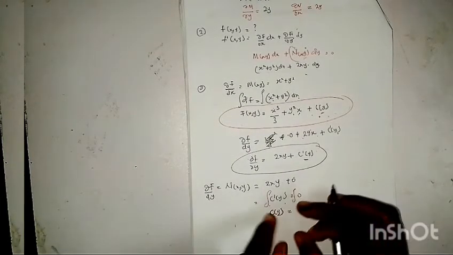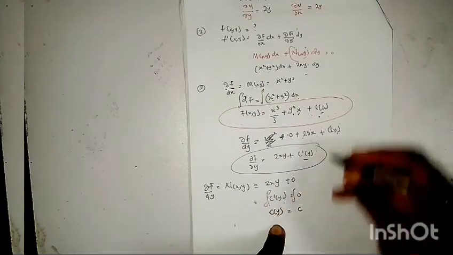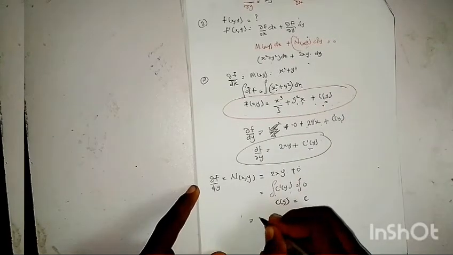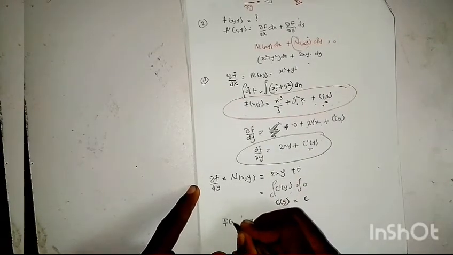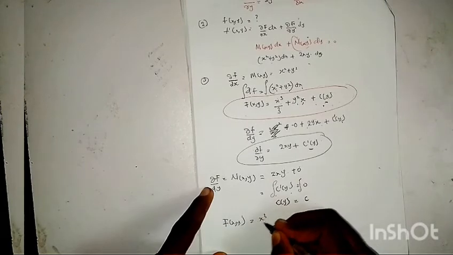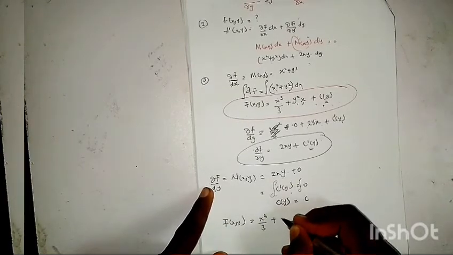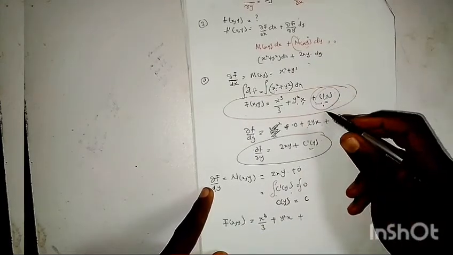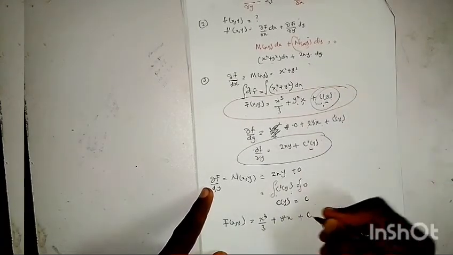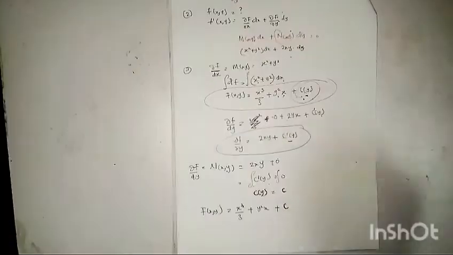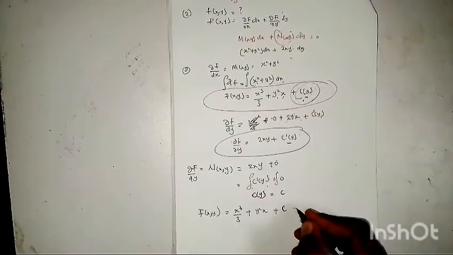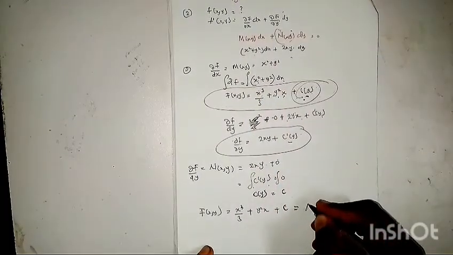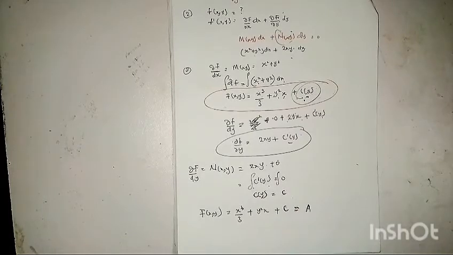So now, since I've gotten my c, which is a function of y, because that's what I need to put here, then I can say x raised to my function, which I'm trying to get, x to the power 3 over 3 plus y squared x, then replacing my value of c, which is a function of y, to be equal to c. So plus c. Now remember, differentiating your exact equation be equal to a particular constant, let's call it a, right?